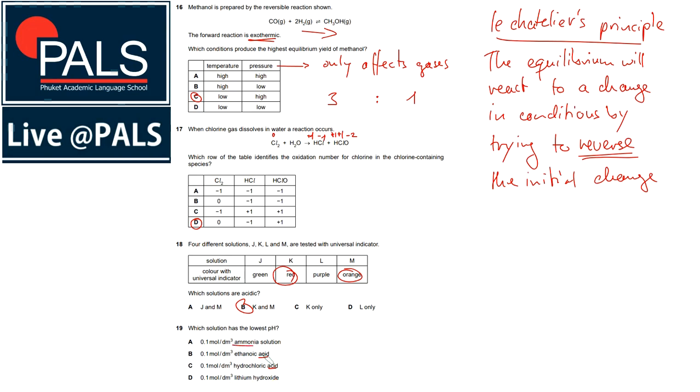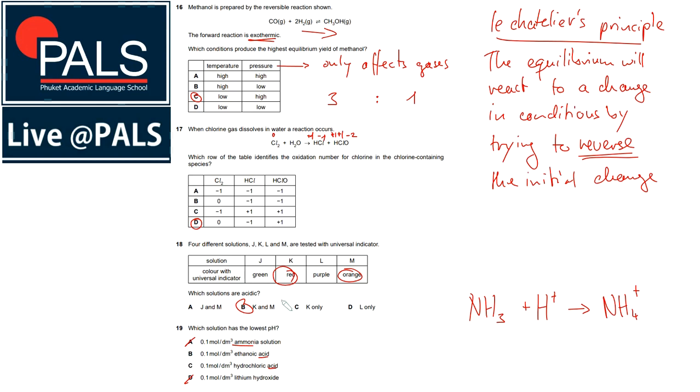And ammonia, that's something that we need to know. Ammonia, NH3, is a base as well because it can accept a hydrogen ion. That's the definition of a base. Bases are hydrogen ion acceptors or proton acceptors and can form the ammonium ion, NH4+. Therefore, ammonia is a base, and it's definitely not A, it's definitely not D.